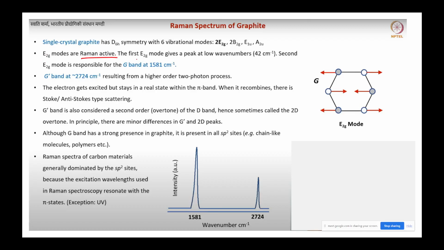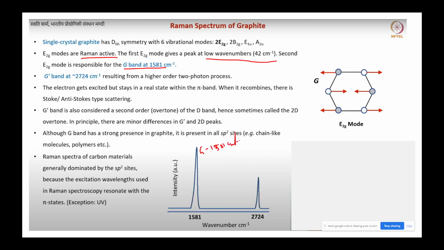The first E mode gives a peak at lower wave number at around 42 per centimeter. The second mode is responsible for the G band, which will come at 1581 per centimeter. Okay, so this is your G band.